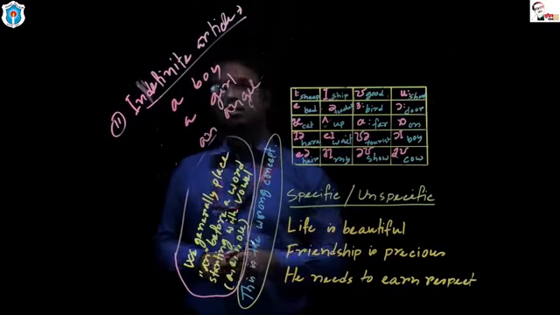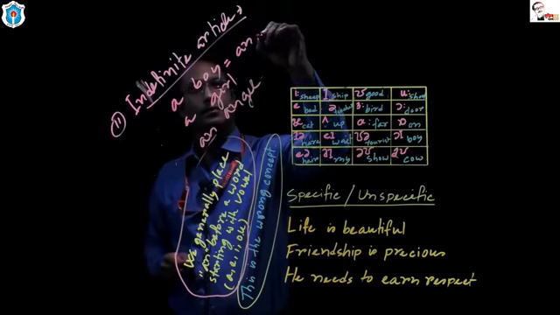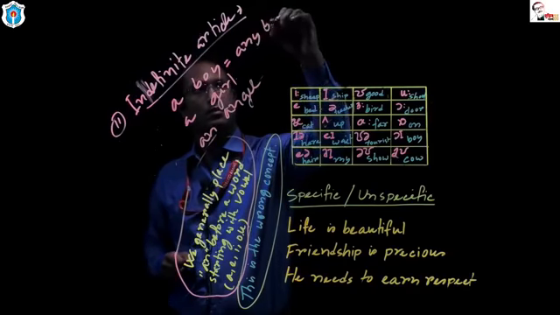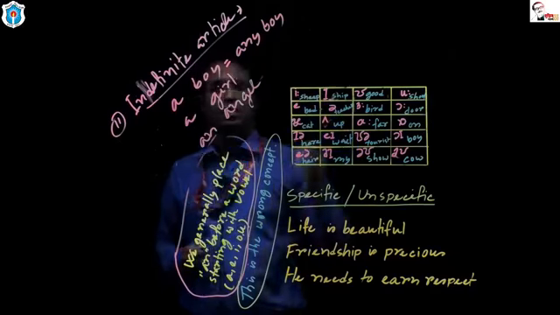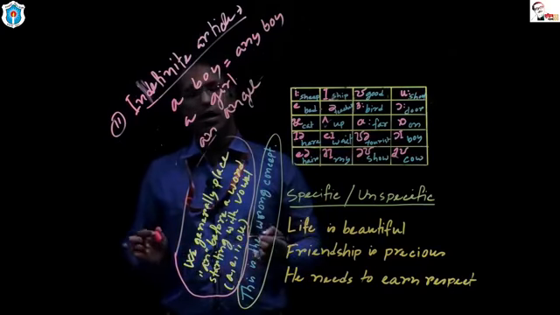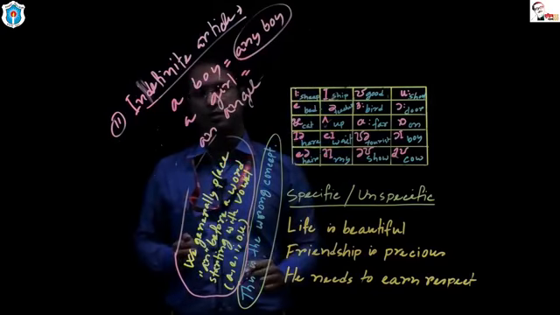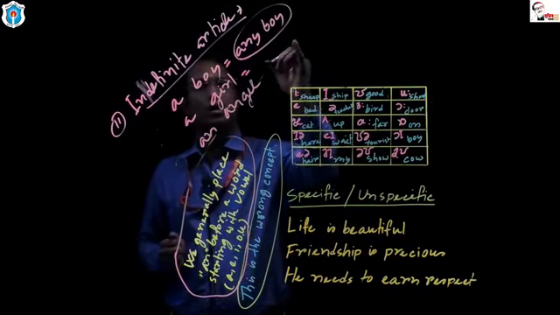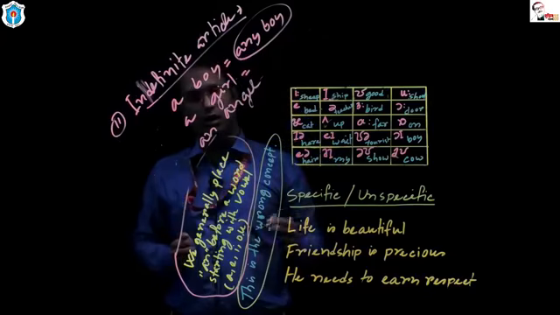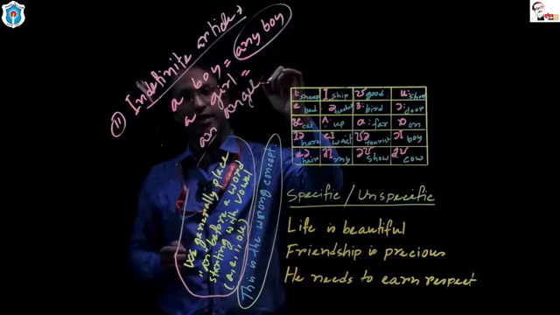Here a boy means any boy. Only a boy can do this. That means any boy can do this. That means it's unspecific. A girl: only a girl can dance well. That means it becomes unspecific.